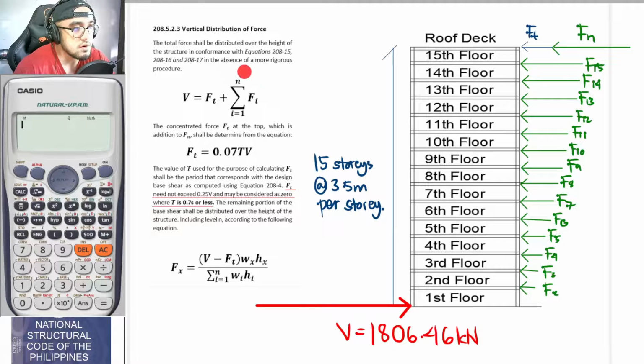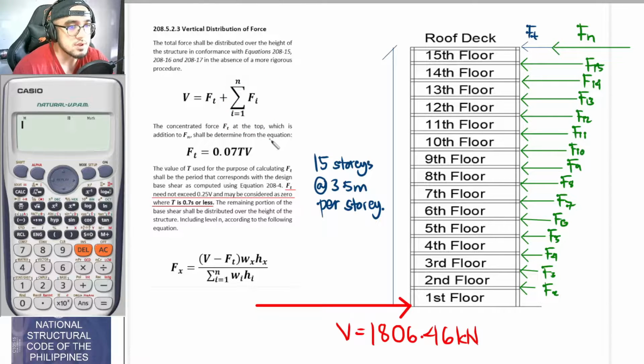This equation says V is equal to Ft plus the summation of Fi with limits i equals 1 up until n. What this equation means is that the total base shear, V, should be equal to Ft, which is the concentrated force at the top, plus the summation of the distributed force.